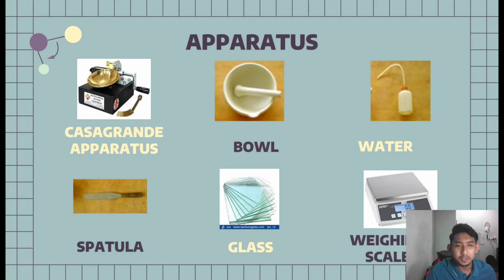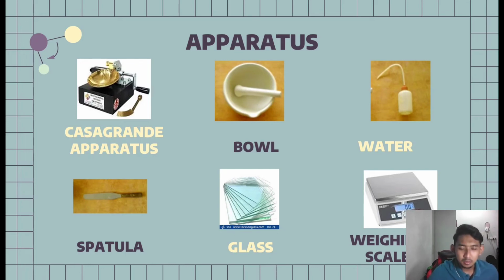Okay, first apparatus is the Casagrande apparatus. Second is the bowl. The bowl is to prepare a soil sample. Third is water. Water is used to add moisture to the soil sample. Fourth, spatula. The spatula is used to spread the soil sample on the glass plate. Next, glass.